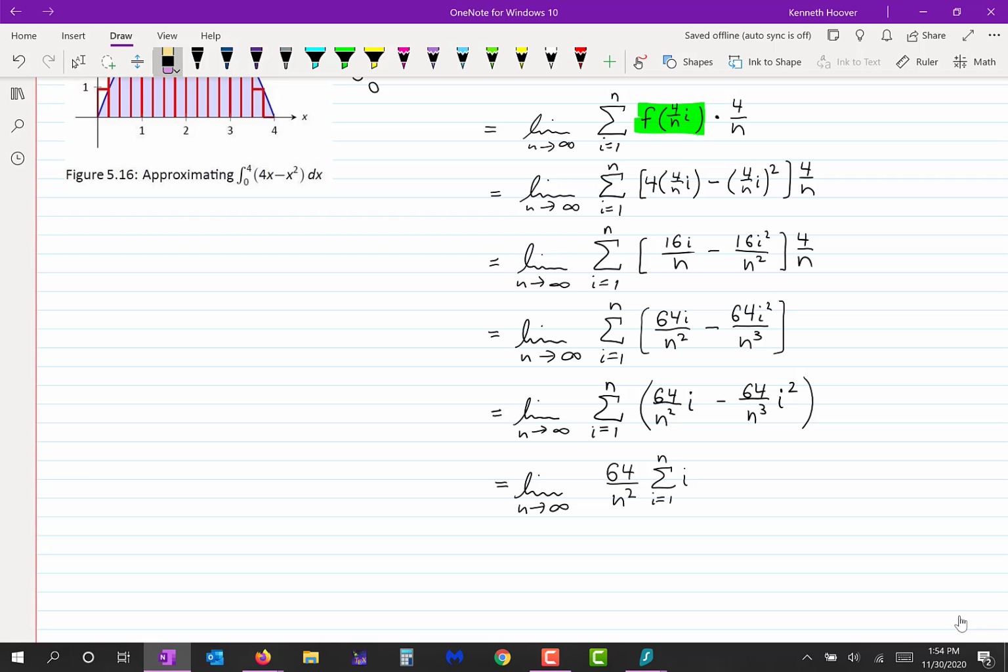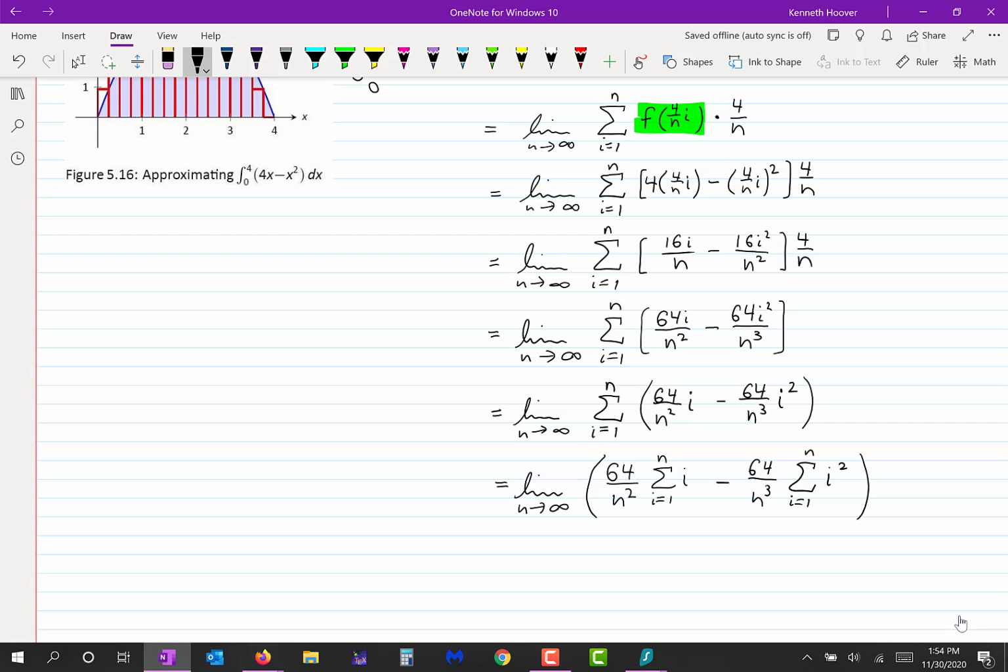And then I'm going to have minus 64 over n cubed times the sum of a bunch of i squareds. And then we're going to do the limit of all of that as n goes to infinity.